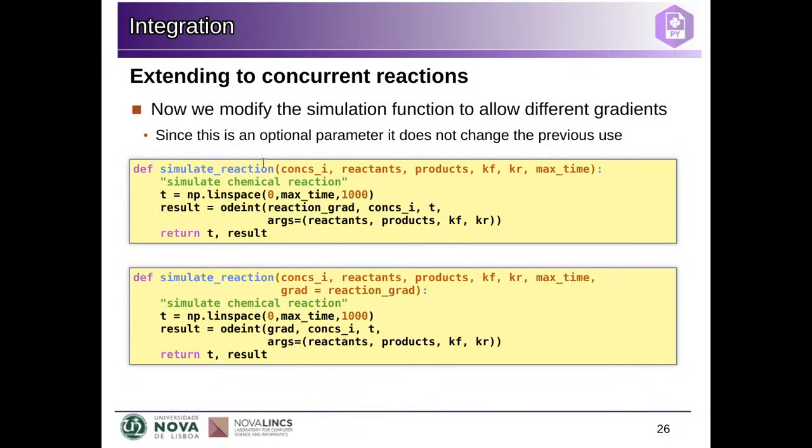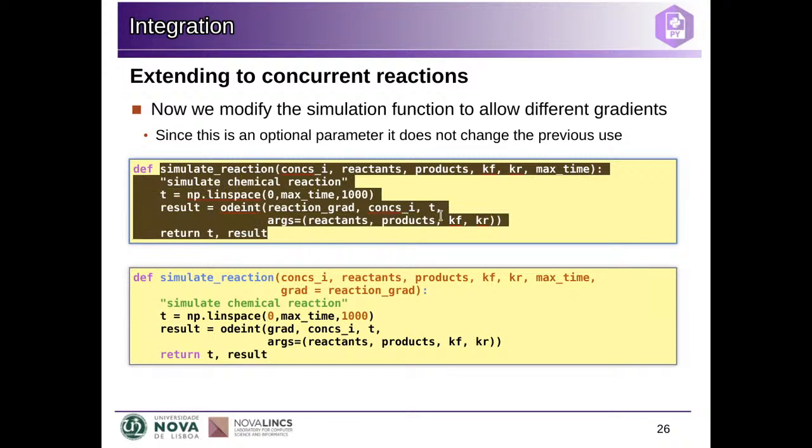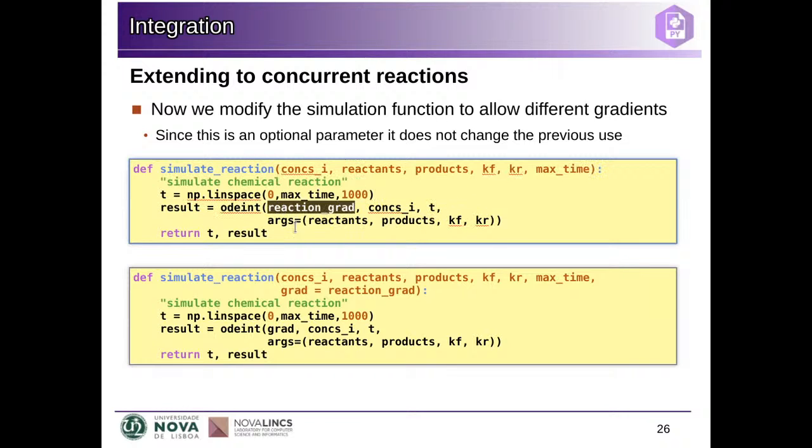Okay, so now we can slightly modify the function to simulate the reaction. This was the original function that we had that always used the reaction grad function. But now we can add an optional parameter where this gradient function will, by omission, if we don't specify anything, be the reaction grad.